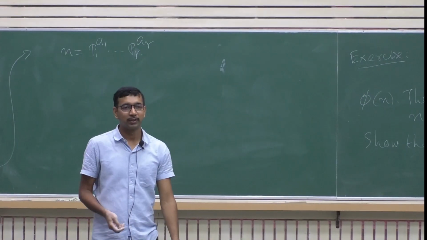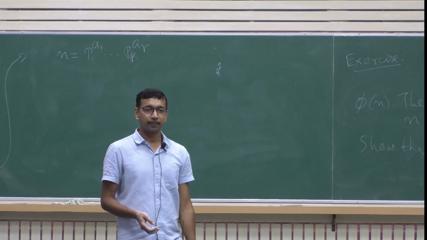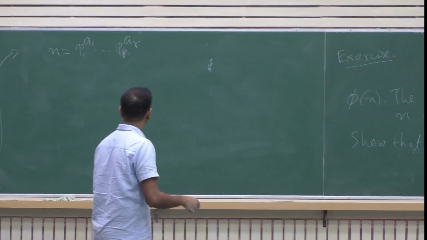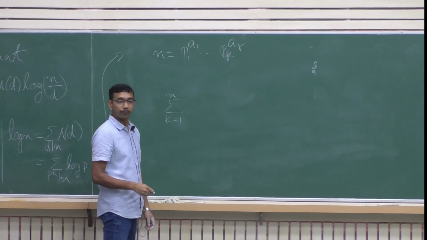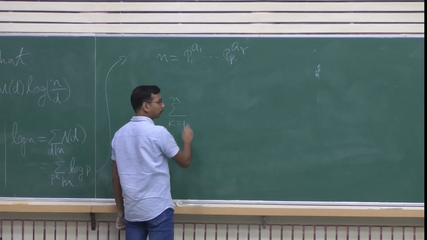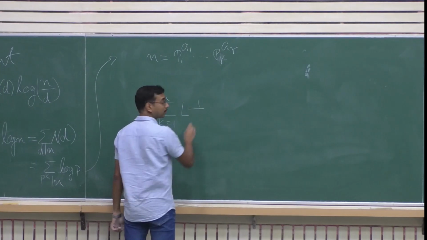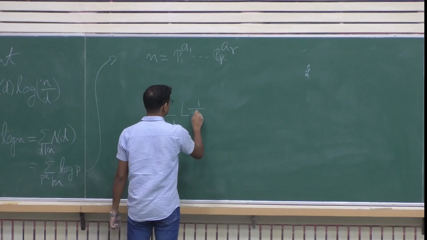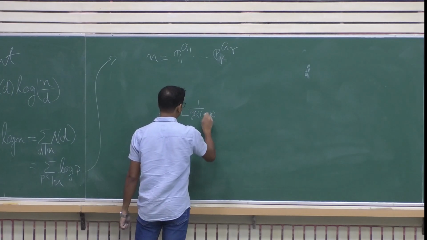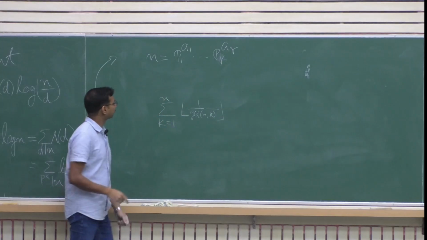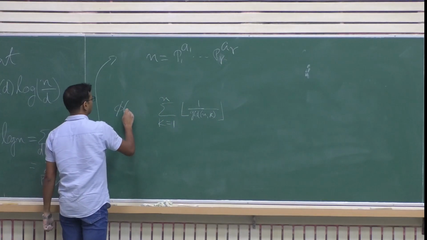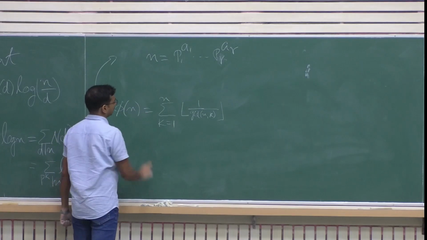So phi of n equals the summation of k equal to 1 to n of the greatest integer of 1 by GCD of n comma k. Then we get this sum. So phi of n is this.